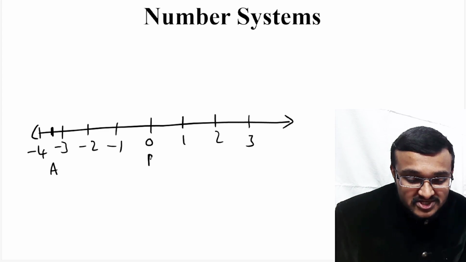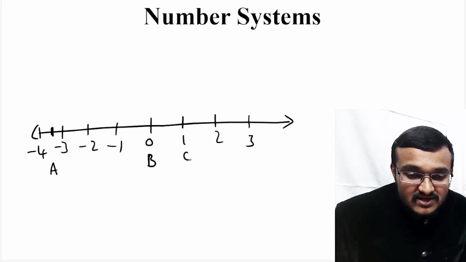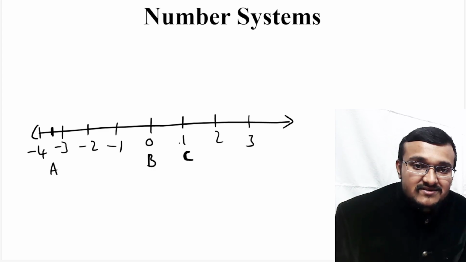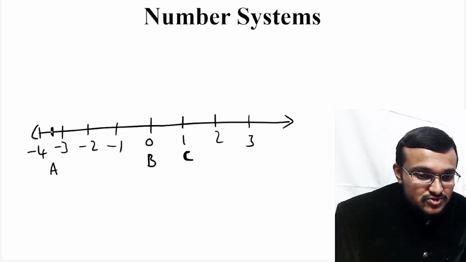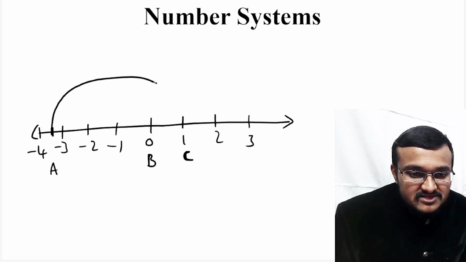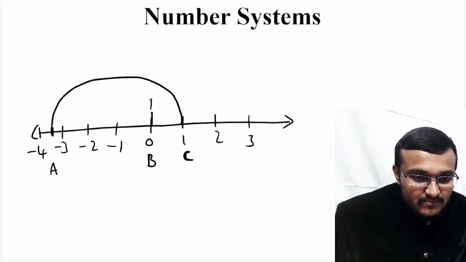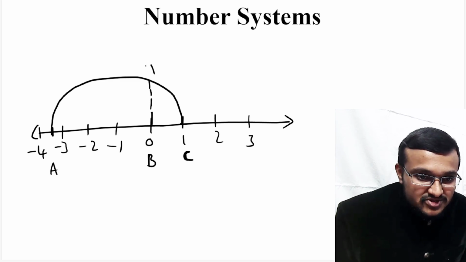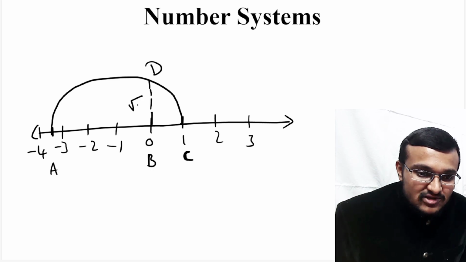This particular 0th position I'll consider as B, and this particular 1 I'll consider as the position for C. So here you'll have a semicircle like this, and from this B we have drawn a perpendicular line like this. So this is D. So that means here this particular BD value is root 3.5.